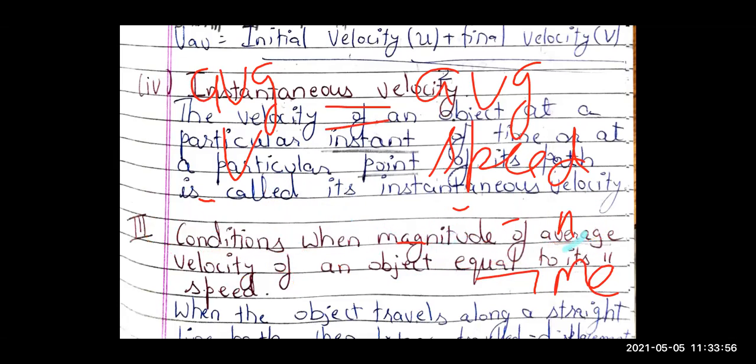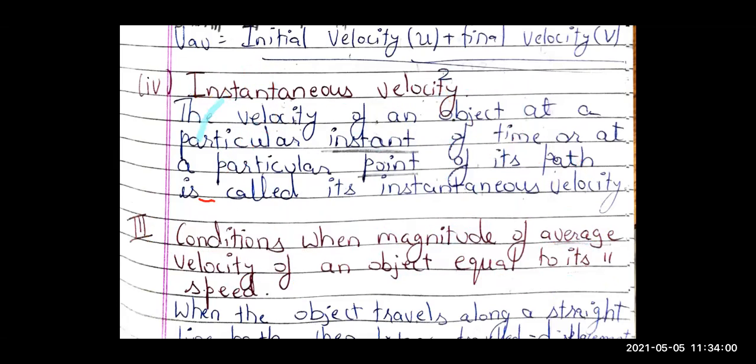What is the difference between distance and displacement? It is only the direction. If the object is moving on a straight path, suppose here it is at 0 kilometers and here it is at 10 kilometers, what is the distance covered by the body? 10 kilometers. What is the displacement? 10 kilometers.